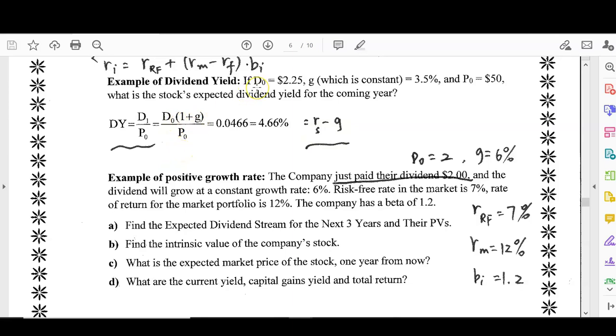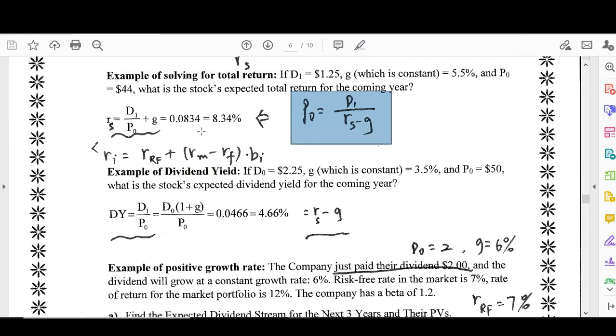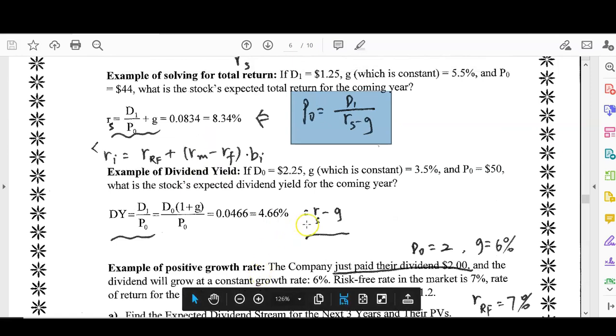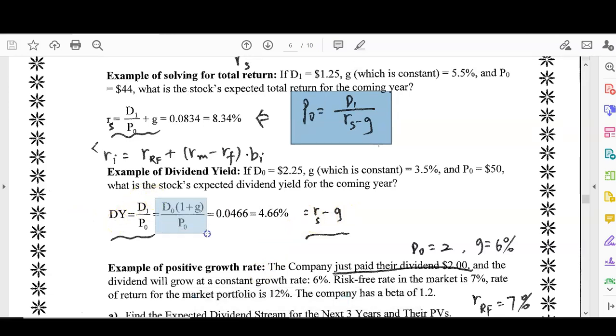So we just plug in the numbers D0, G, and P0 here. We can get dy as 4.66%. We can solve for dy by using its definition here. You can also solve for RS first and then minus G to get dy, but it's easier if we use the definition here.